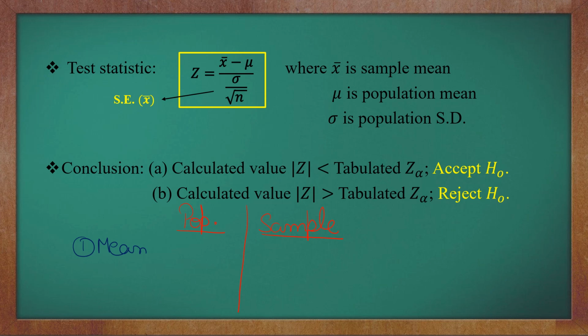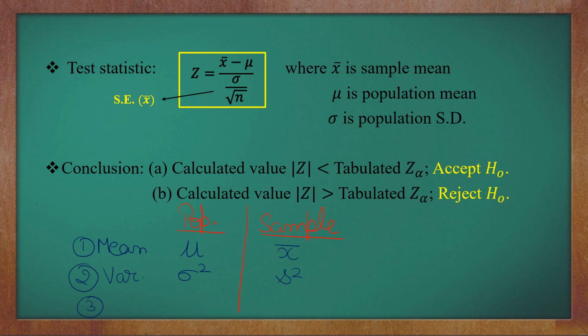In population, the mean or average is denoted by mu. This symbol is called mu. In sample, we denote it by small x bar. For variance, we denote it by sigma square. Sigma square means population variance. But if you are talking about sample variance, it will be small s square.